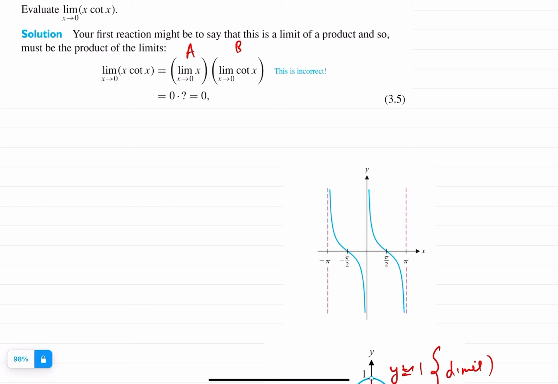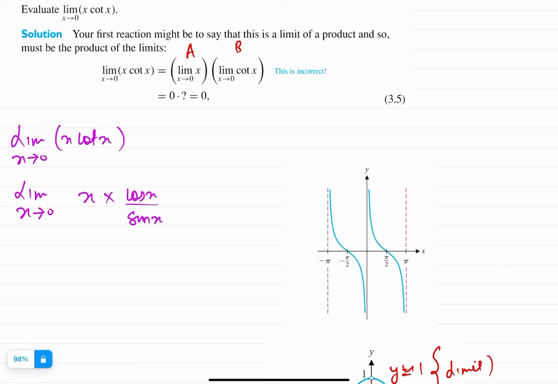Let's suppose you want to find the limit as x approaches 0 of x cot x. What you can do is write x times cot x as x times cos x divided by sin x.